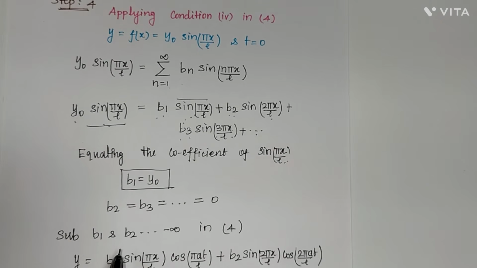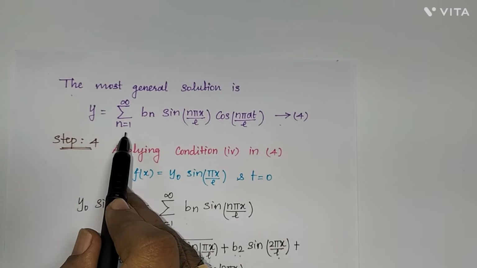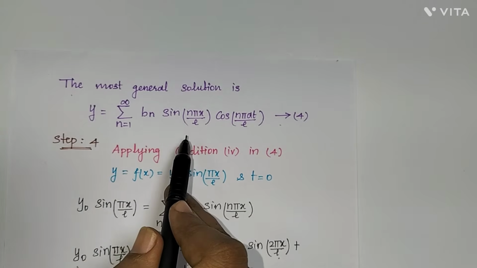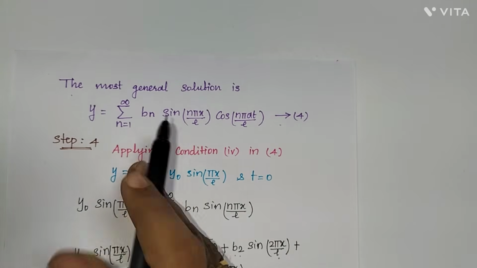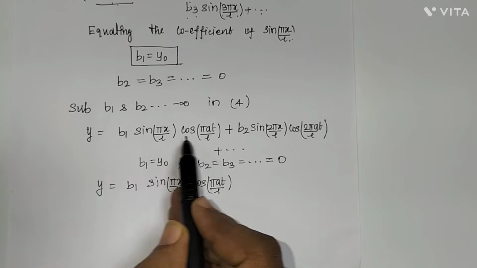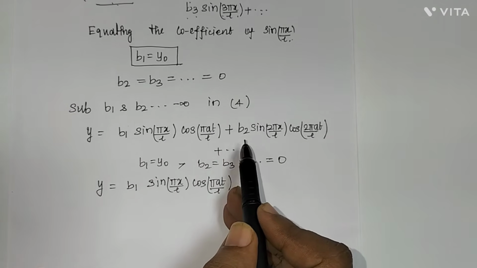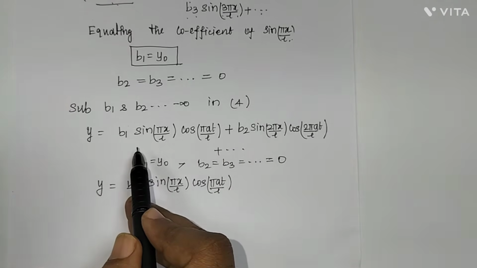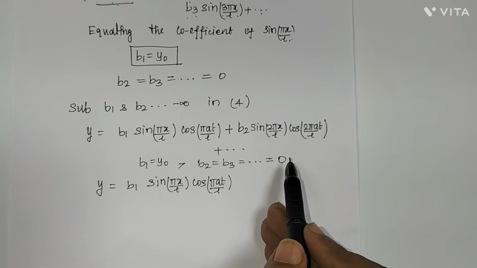These b1, b2, b3 and so on I'm going to substitute in equation 4. But since equation 4 is in terms of summation, we cannot apply b1, b2, b3, b4 directly. Before applying the values, we have to expand the series, applying n equal to 1, n equal to 2, n equal to 3 and so on. Here we already know b1 equal to y naught, and all the remaining terms are directly 0.